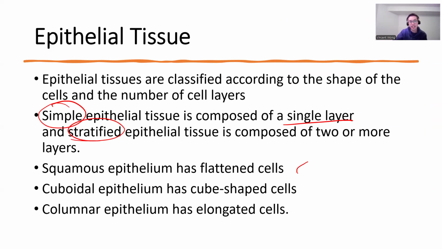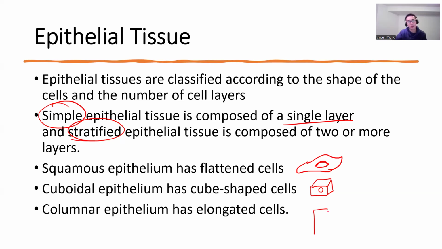If it's a flat cell, like a sunny side up egg with the nucleus in the middle, that's called squamous. If it's a cube shape, like a cork box with the nucleus there, we say cuboidal. Okay, think of this as a Y, cuboidal.